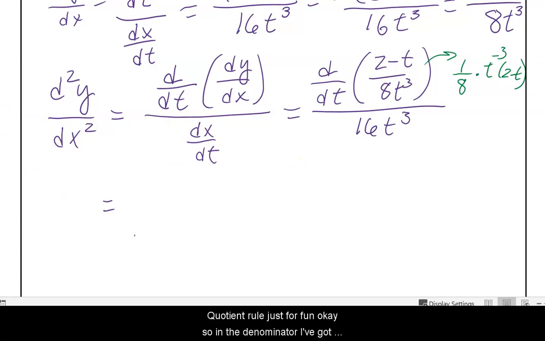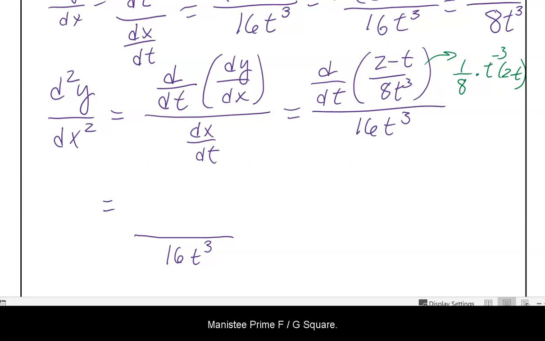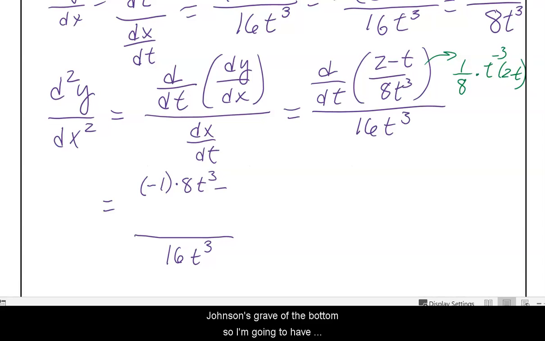Okay, so in the denominator, I've got 16t cubed, which is going to stay. So the derivative of the quotient, remember your quotient rule, f prime g minus g prime f over g squared. So I need the derivative of the numerator, which is a negative 1, times the bottom, which is 8t cubed, minus, and then I've got my top times the derivative of the bottom.